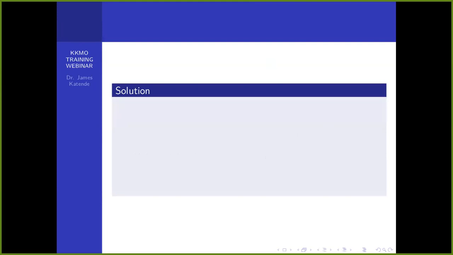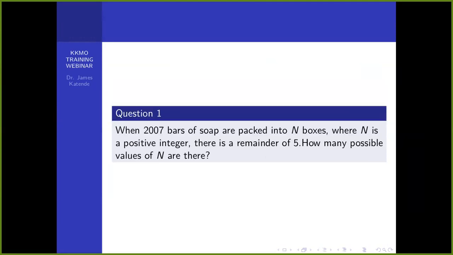From the question, you have 2007. So there's a remainder of 5 somewhere. You subtract 5 from 2007, you get 2002. Then from there you do a bit of prime factorization.